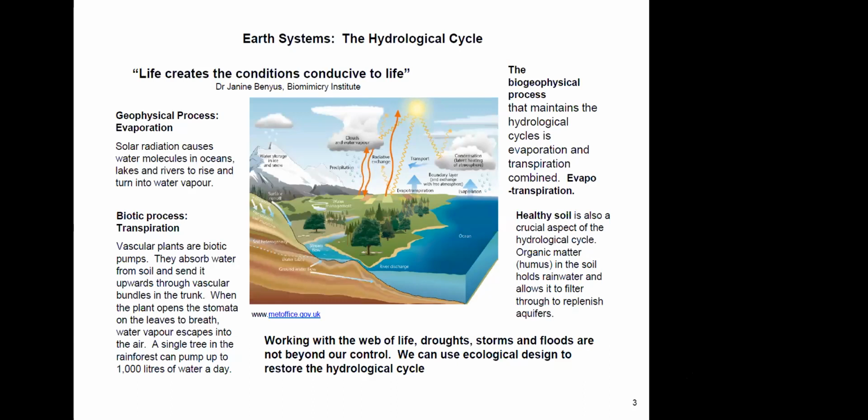Actually, they're not. Of course, we will have to upscale it considerably to work on a global level to affect climate change. But even in our local microclimates and in our bioregions, we can do a great deal towards restoring the ecological cycle.